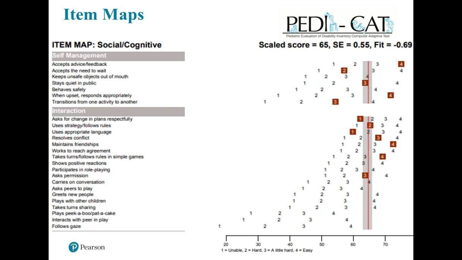So for Gemma, we see the specific items under self-management that were included and what her scores were. The line and the gray area through the scores is the scale scores with a confidence interval around them. So that's where we'd expect most of the other scores to fall as well. And at the bottom, you can see the scaled score axis.